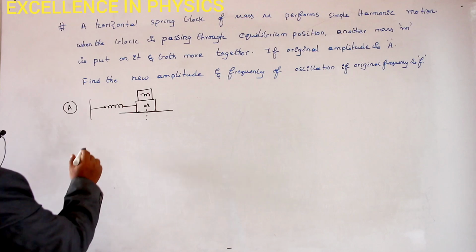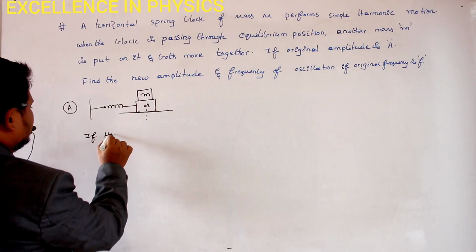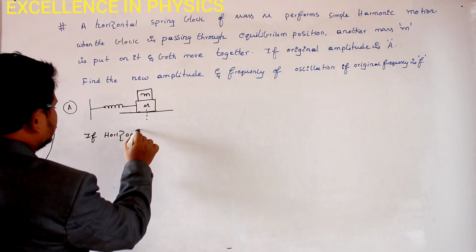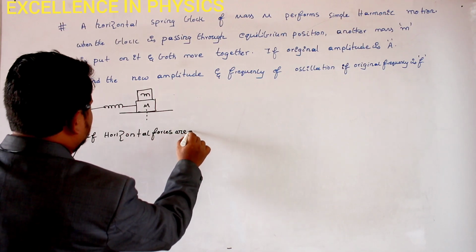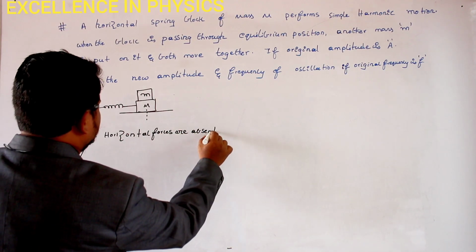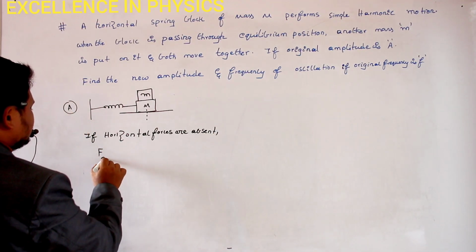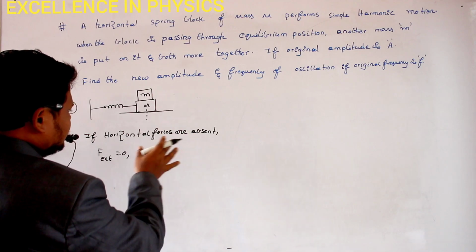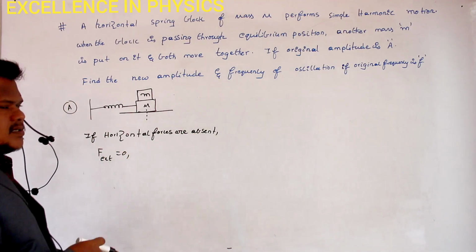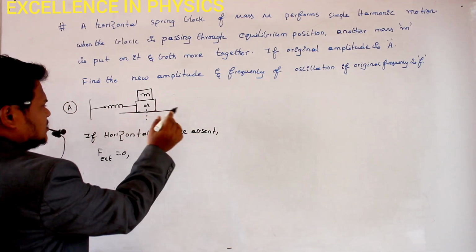Therefore here we write, if horizontal forces are absent, that is, if external forces are 0, then in which direction? In the direction of motion of the body, external forces are absent. Bodies are moving horizontally, no?